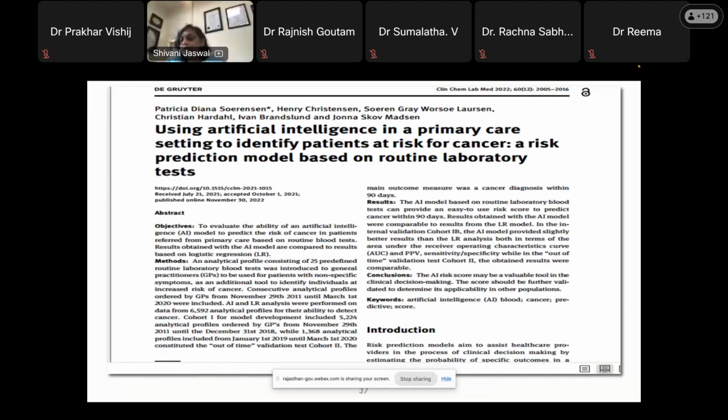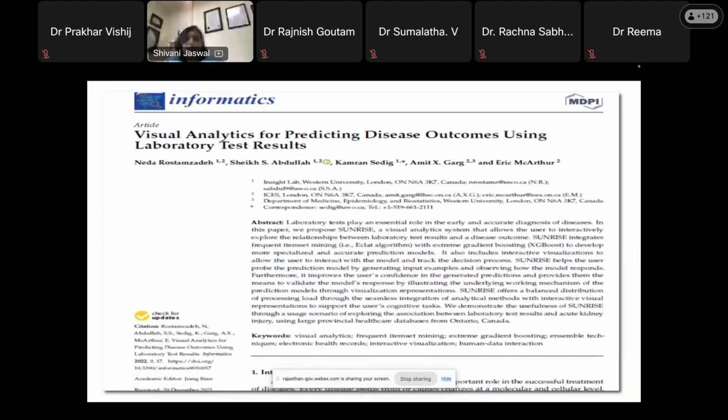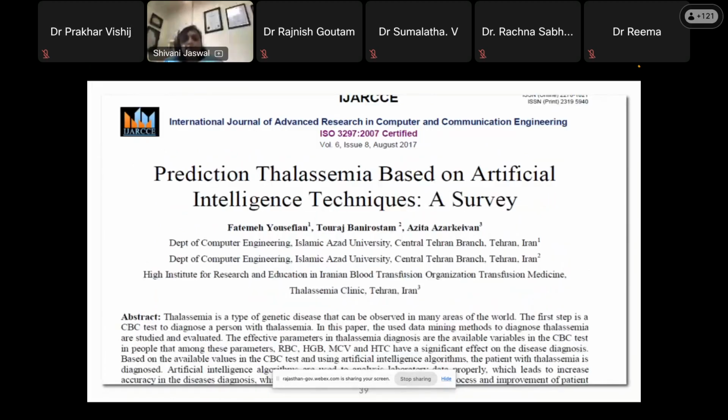So from the routine tests, a tool has been developed to accurately predict cancer. Similarly, these authors have formulated a tool to predict acute kidney injury, again using routine urea, creatinine and urinary reports.